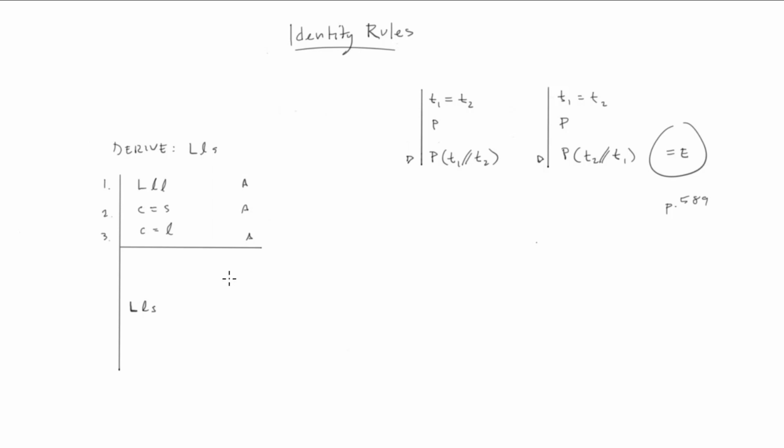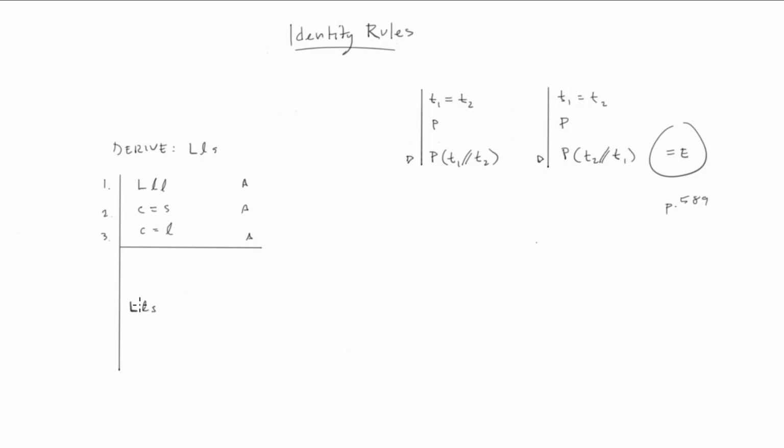In this derivation, we're going to derive the statement LLS. This might say Lois loves Superman, from these three primary assumptions. LLL, Lois loves Lois. Premise 2, C equals S, maybe this is Clark is identical with Superman. And then premise 3, little plot twist, Clark is identical with Lois.